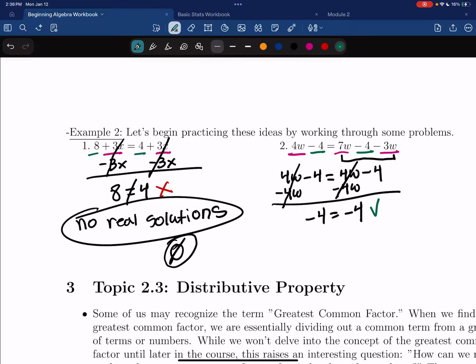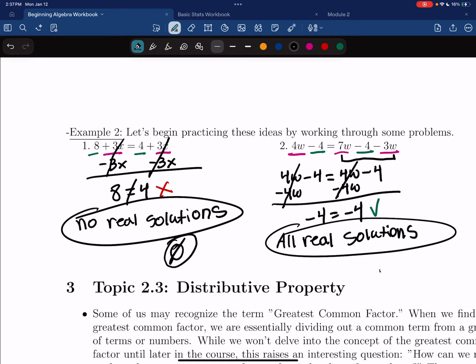So this is a true equation, which means you have all real solutions. That's your answer. And symbolically, you can also write this if you want, an R with a line drawn through it like this. This also means all real solutions symbolically.